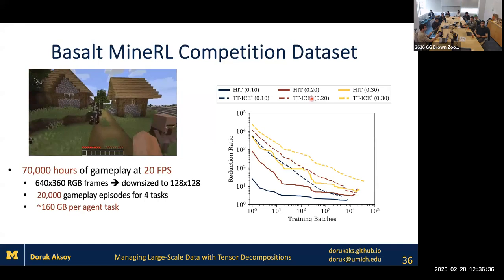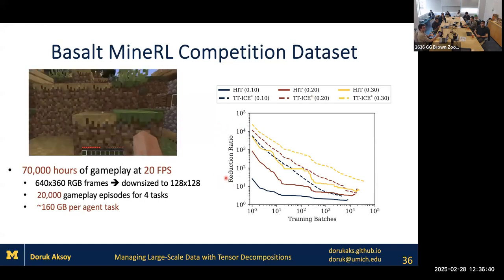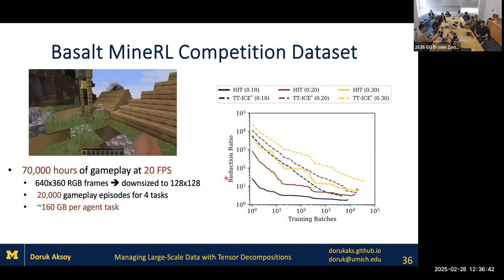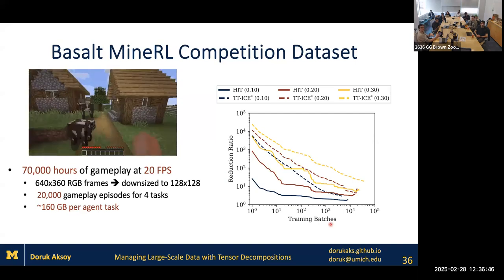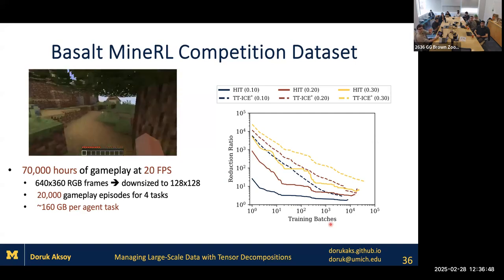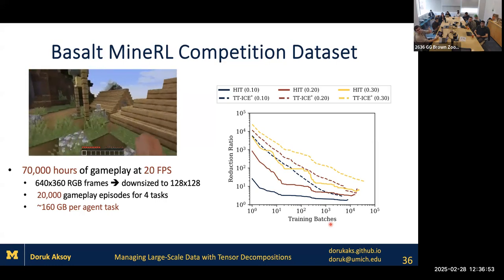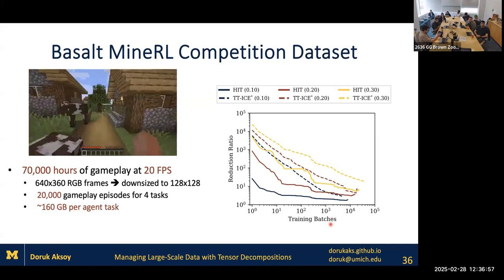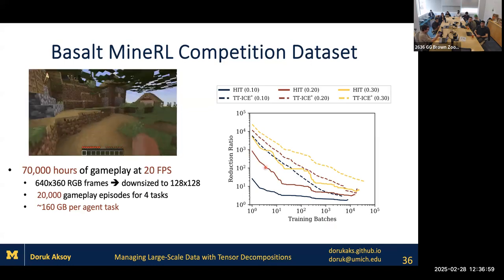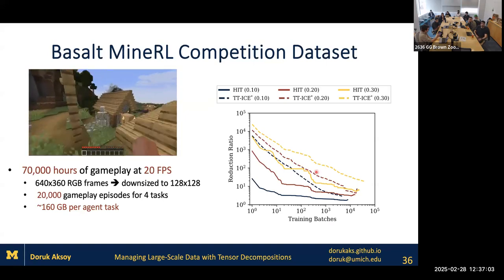On the right-hand side, you see the compression ratio of the latent space representation with respect to the training batches. Training batches consist of a second's worth of frames, so each batch has 20 frames. As you can see, the solid lines are hierarchical Tucker and the dashed lines are TT-ICE, by the way.